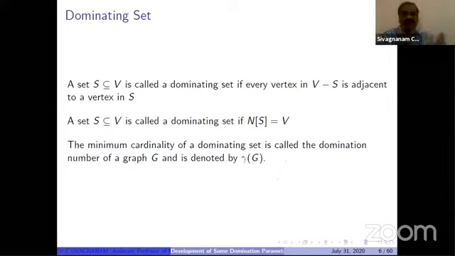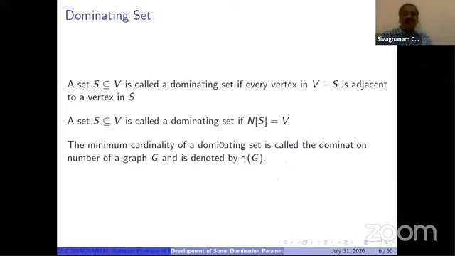Yesterday we studied this clearly. The same thing we can have in another way. Already I gave the definition for the neighborhood set. Now S is a set. When we say that S is a dominating set, we can define it in a different way.